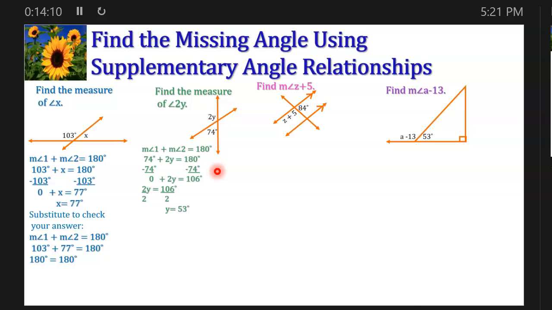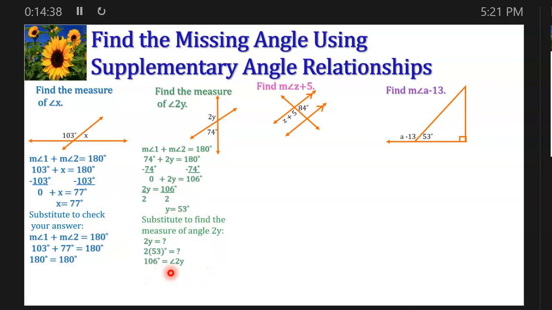Now, that is not the angle measurement. That y is simply what this y stands for. So you're going to need to plug that in to find out what this angle truly is. To do that, substitute to find the measure of angle 2y, or that second angle there. We're going to plug in 2y by doing 2 times 53 because we know y is equal to 53. And whatever that is should be our angle.